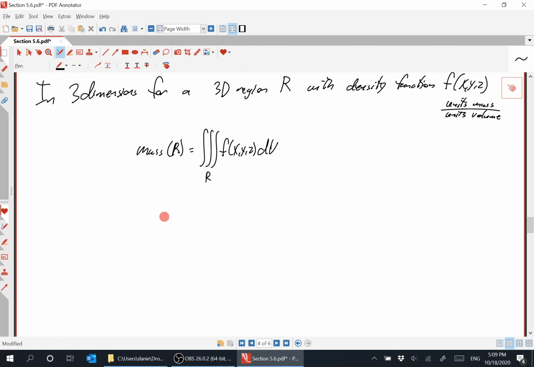So the mass is that, and then x bar is 1 over the mass of R, triple integral over R of x f x y z dV. It's the same sort of setup and calculation as before.